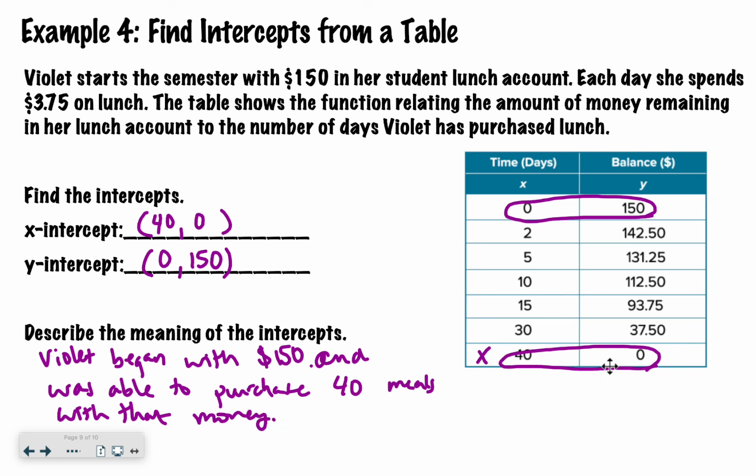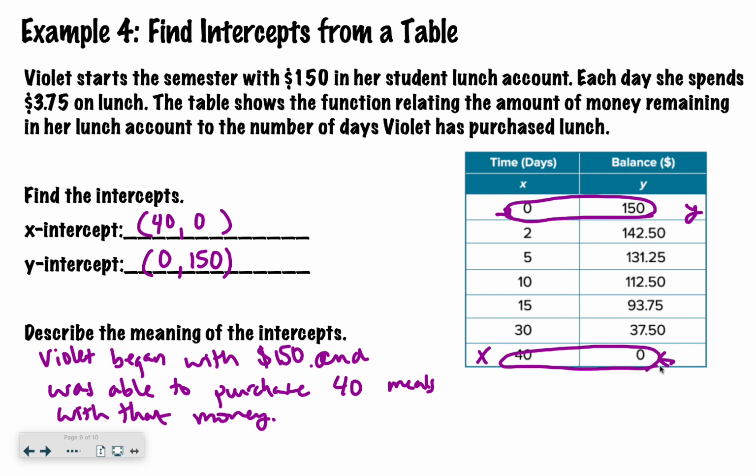Right? Because then down here it shows, like, okay, $0 left when we hit 40 meals. So that's what those intercepts mean. And this is how you tell where your intercepts are. You look for the zeros.